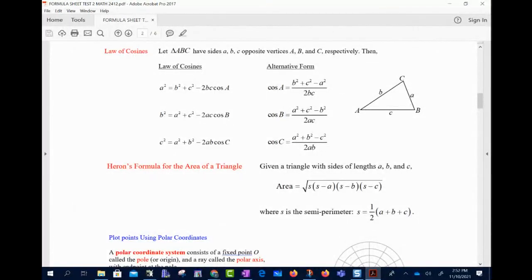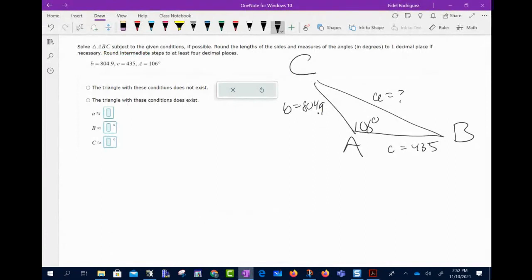Okay, so let's take a look at what we got. I'm going to come back to my picture one more time. Why don't we first find the value of little a?